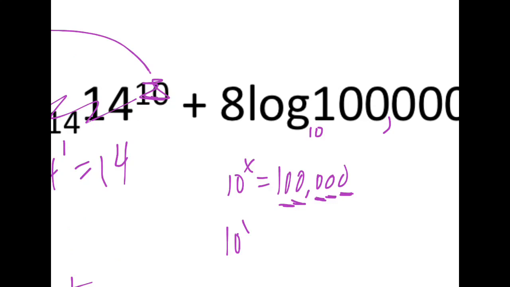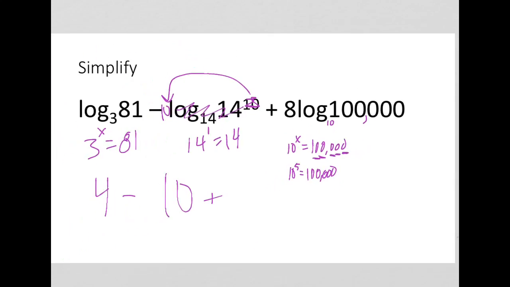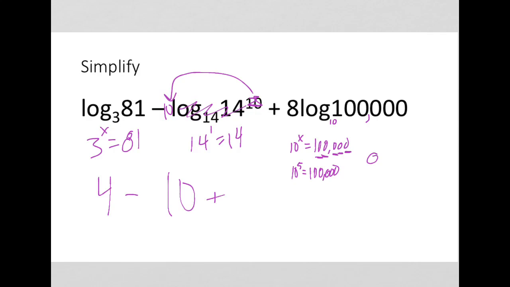And so if 10 to the power of x equals 100,000, then that power needs to be 5 to get those 5 zeros there. And so that then becomes 8 times 5 because of that 8 in front, which is 40. And so I get 10 plus 40 is 50.